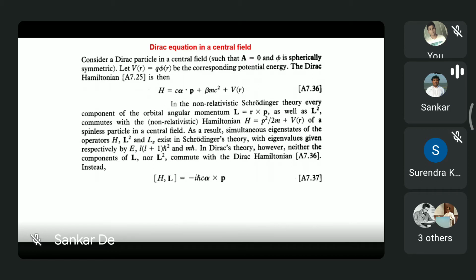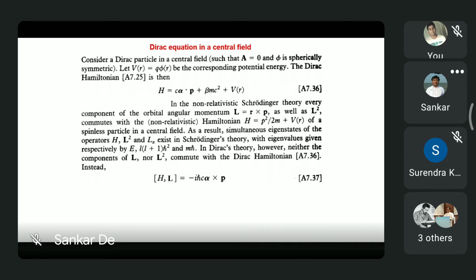So next we introduce the central field. So first we introduced the free particle, then we introduced the electromagnetic interaction, and now we introduce the central field. When we introduce the central field, there is only the potential term which remains and no vector term. So A is equal to 0 and phi is spherically symmetric. And there was a big deviation from the usual non-relativistic Schrodinger theory.